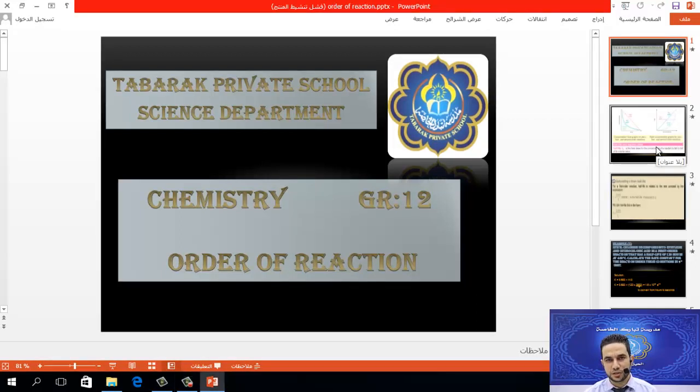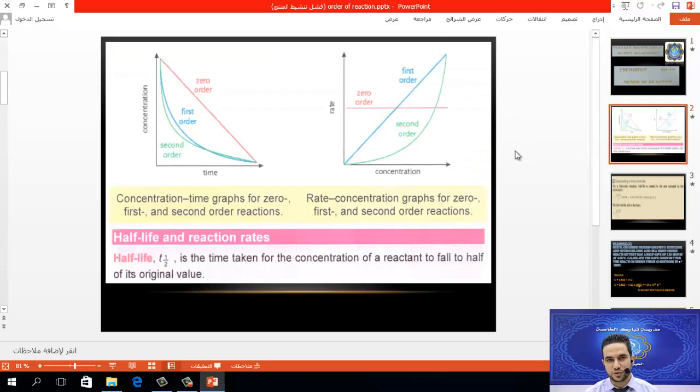See with me, on the graphs on the left you have the relation between concentration and time. We know that the concentration of any reactant must decrease with time. If you see a zero order reaction, you will find it a straight line. It decreases but regularly.